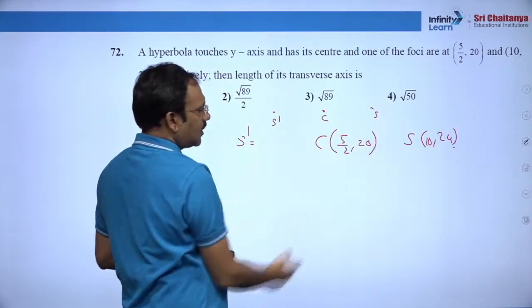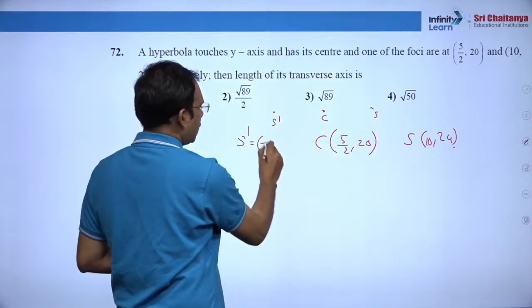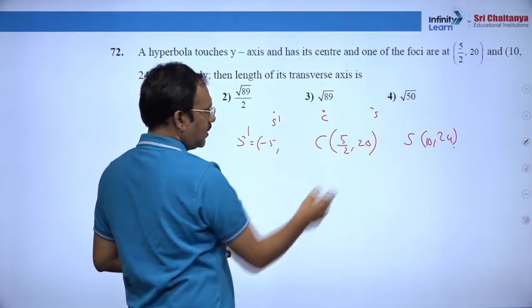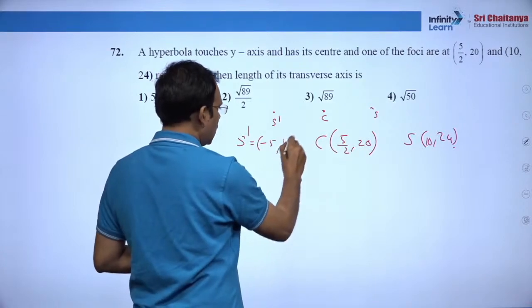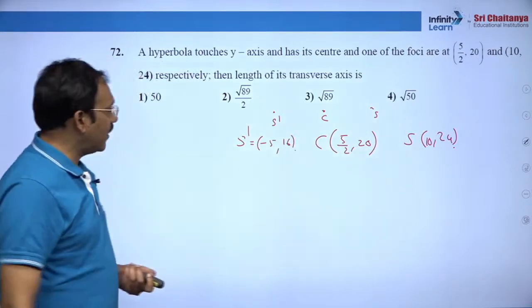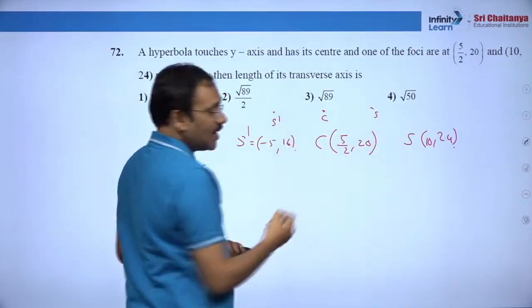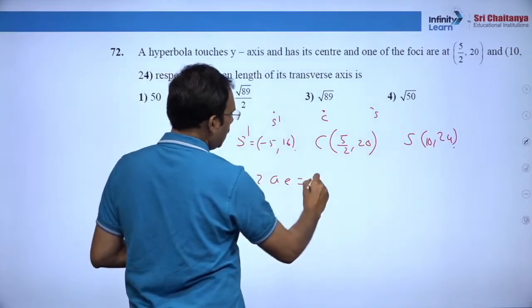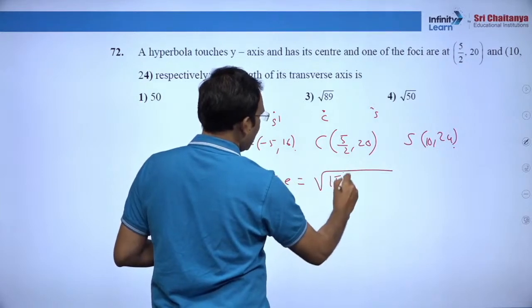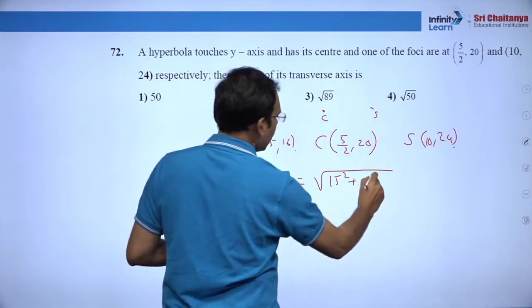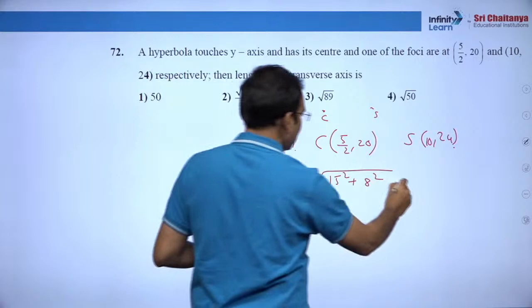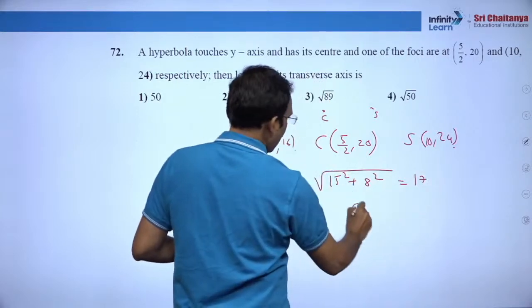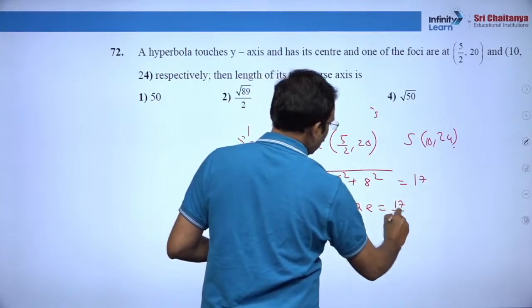So, you can double and subtract, 5 minus 10 is minus 5, 40 minus 24 is 16, this is S dash. Moreover, my dear friends, the distance between S and S dash is going to be 2AE. 2AE is root of 15 square plus 8 square, 8, 15, 17, right? It is 17. So, AE is 17 by 2, dear friends.